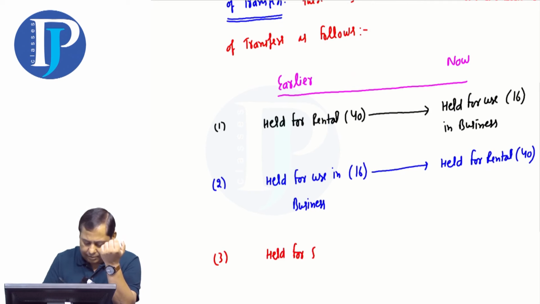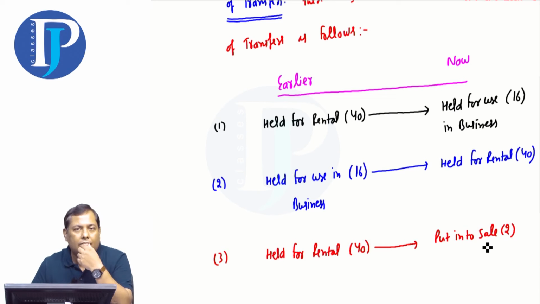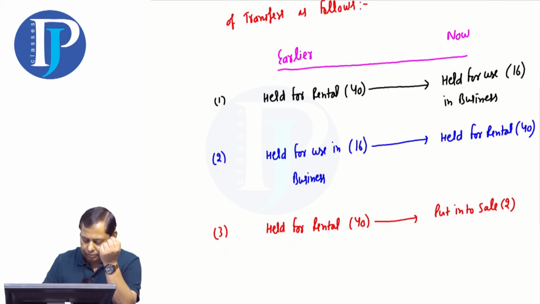Held for sale. Held for rental: we were applying 40. But now we are being told to put it on sale. If it's with the intent to sell, then point number 4.